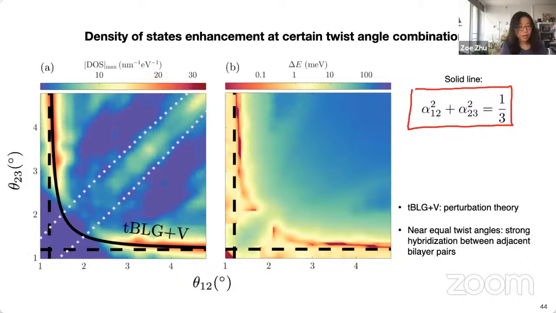So this suggests that this perturbation theory picture is not sufficient to describe these density of states enhancements. This is a consequence of the hybridization between adjacent bilayer pairs with a shared middle layer, meaning that this is a really moiré scale hybridization and cannot be sufficiently described by a perturbed bilayer picture.